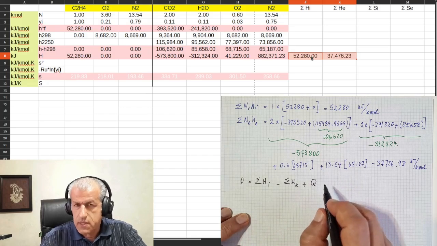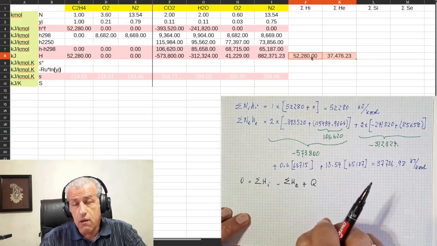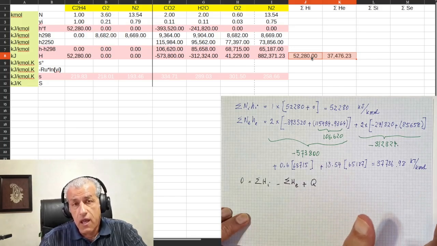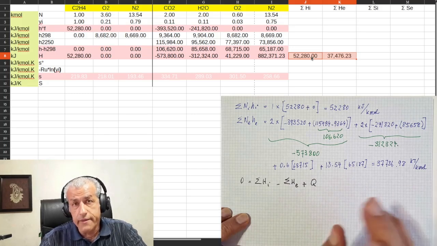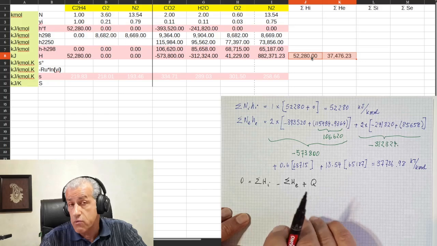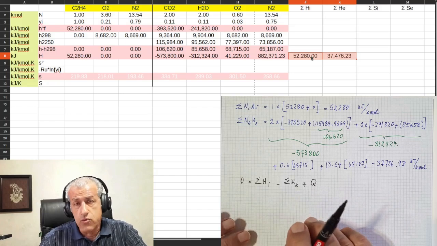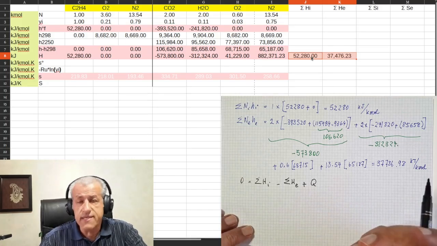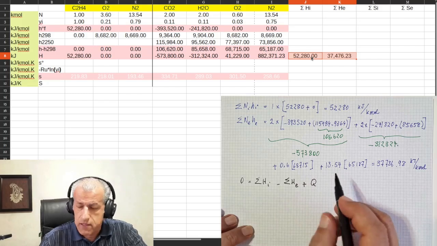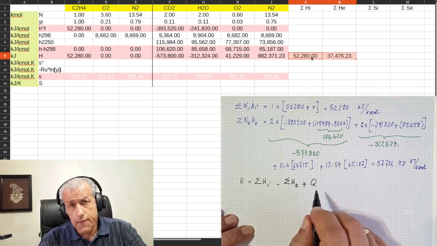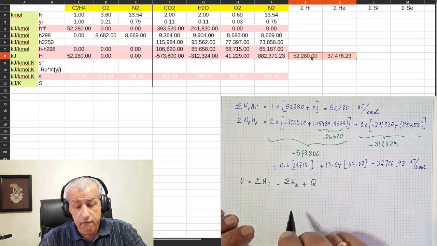It's a steady state, but it's not Q dot, it's Q, because we are calculating everything for every kilomole of fuel that enters the control volume. And if we add how many kilomoles per second enter, then that would be a rate value. And there is no work.